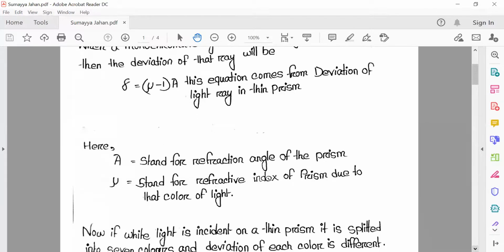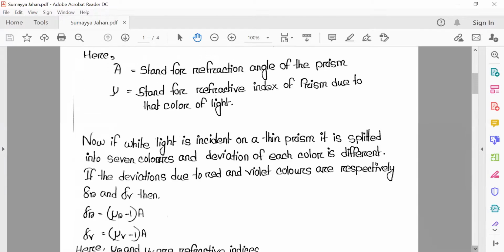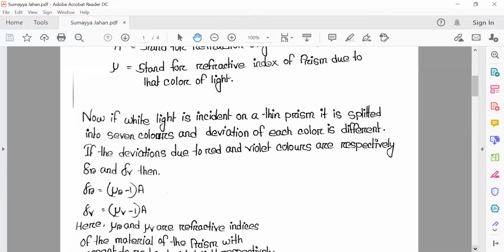Now, if white light is incident on a thin prism, it is split into 7 colors and the deviation of each color is different.